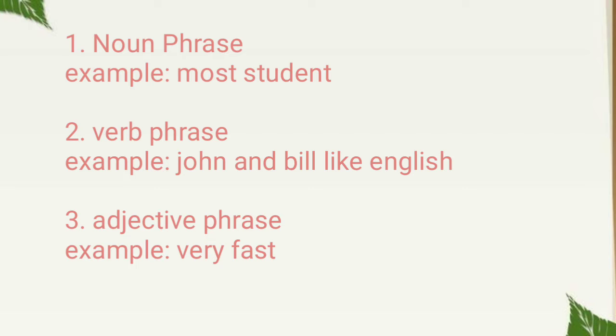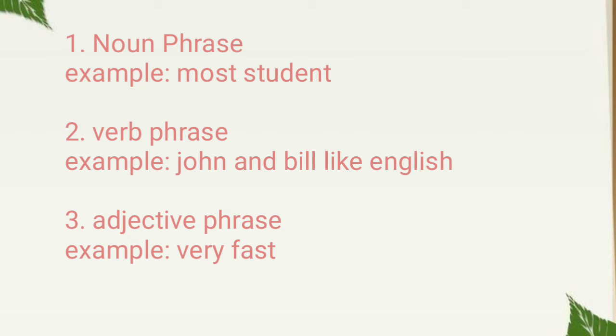The next is about syntax categories. Syntax categories are a set of words or phrases in the language which share a significant number of common properties. In syntax categories, there is the noun phrase. The example is most students. Then there is the verb phrase. The example is John and Bill like English.